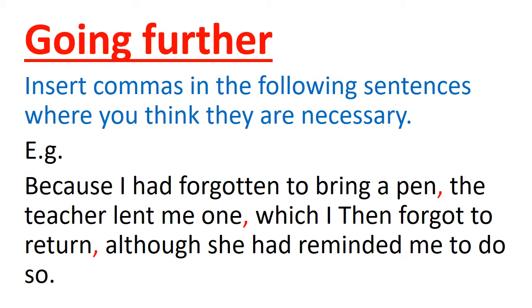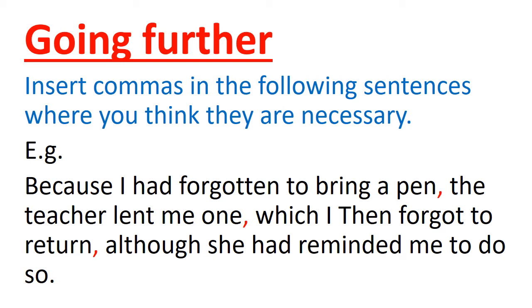Because I had forgotten to bring a pen, that is a subordinate clause, then we use a comma. The teacher lent me one. That is the main clause, because it starts with the subject. Because I had forgotten to bring a pen is a subordinate clause because it starts with the conjunction because.